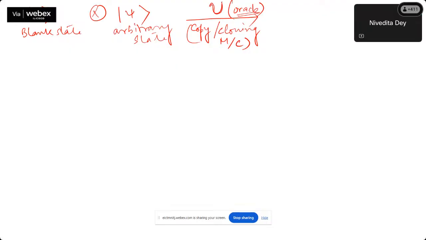So if such a thing exists, in the output we are going to get what? The original history paper as well as the cloned paper. This has to be true.